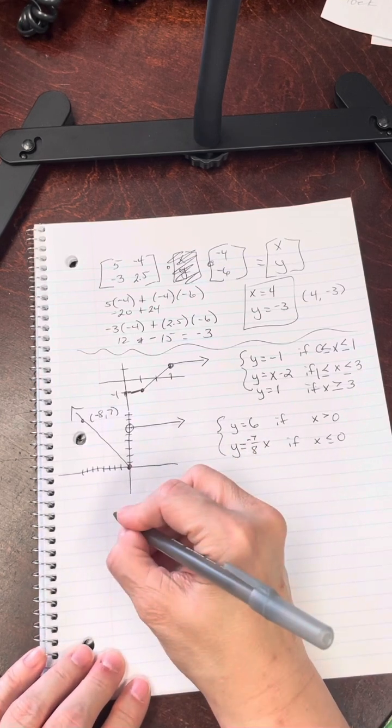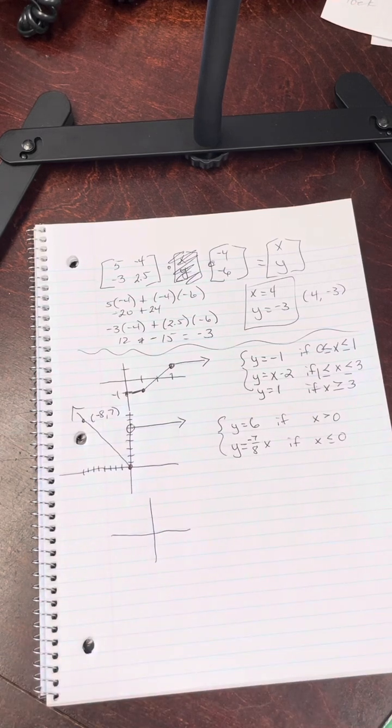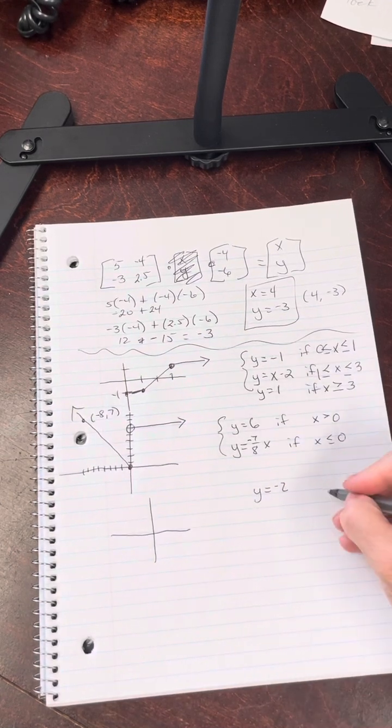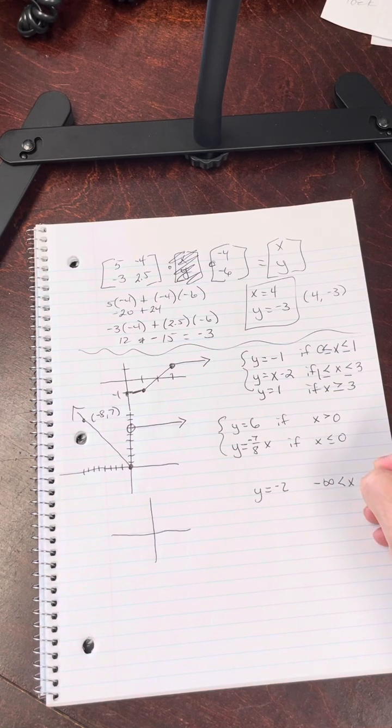Now it's different. Now it wants me to graph the given equations. So it tells me that I'm going to have a y equals 2, a straight line. I'll write this out so you can actually see it. And the boundaries here are from negative infinity, and that's that sideways 8 looking symbol. So from negative infinity up to or equal to the 0.